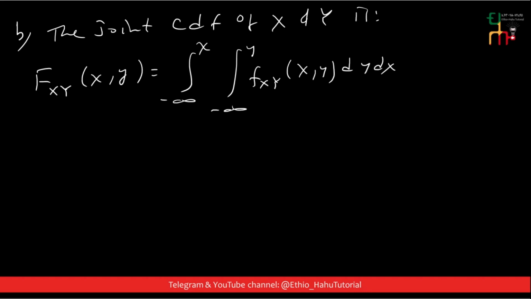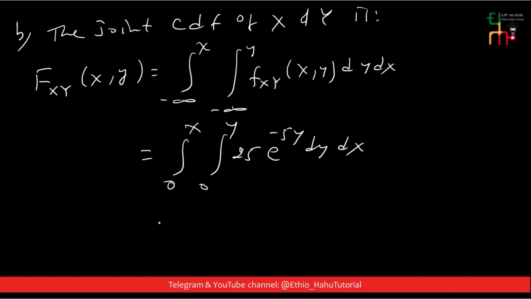This is equal to the integral from 0 to x and from 0 to y of our joint probability density function, 25 e to the power of minus 5y dy dx. First, let me integrate with respect to y, taking the 25 outside.